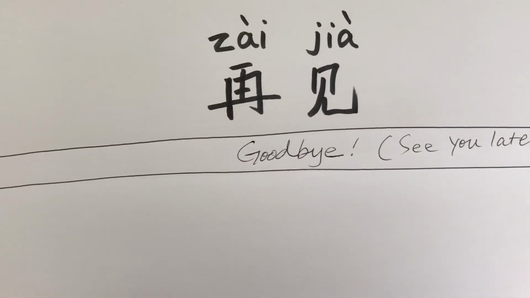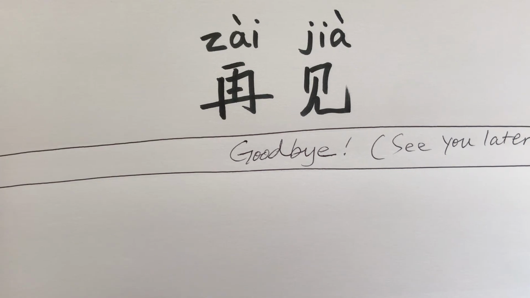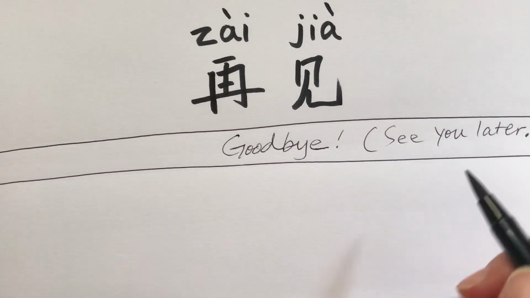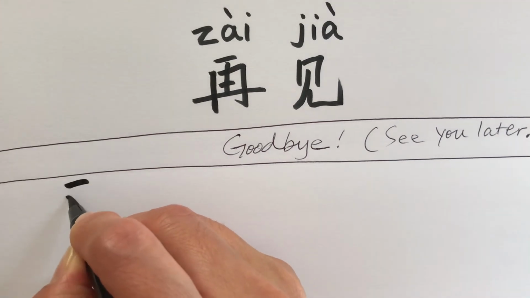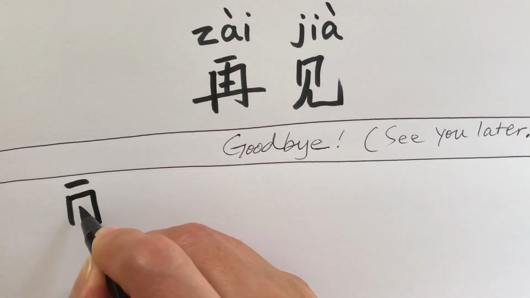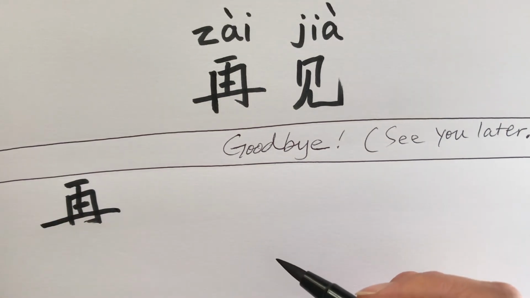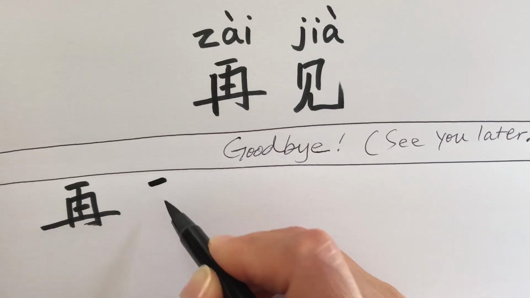Now, we're going to learn how to write 再见, goodbye, or see you later. 再. Now, stroke by stroke.